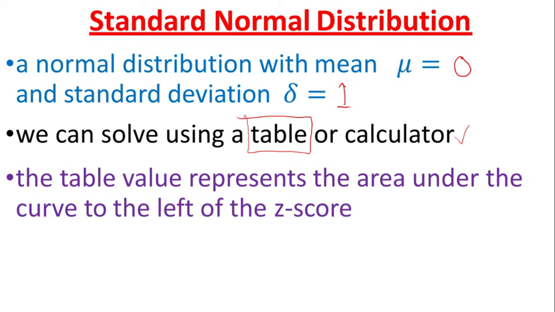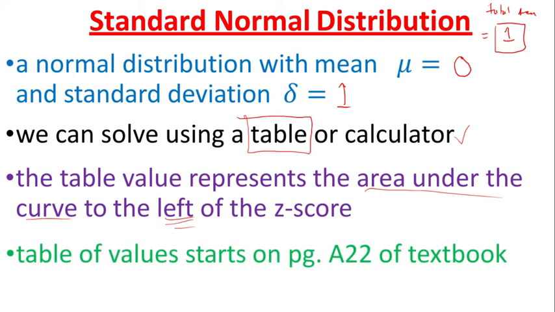Again, it represents the area under the curve to the left of the z-score. So if we look up a value for z equals 1, that means the area under the curve to the left is whatever that decimal is. And also remember with the standard normal distribution, the total area equals 1. Okay, it's like 100%, right? Total area always equals 1.